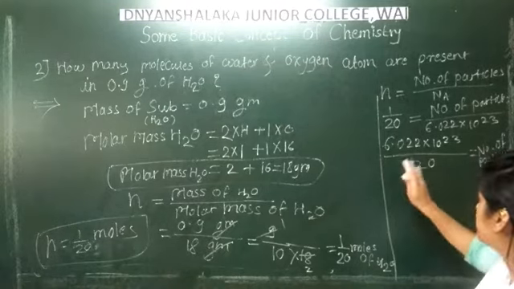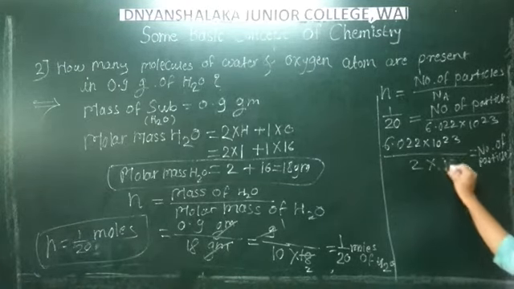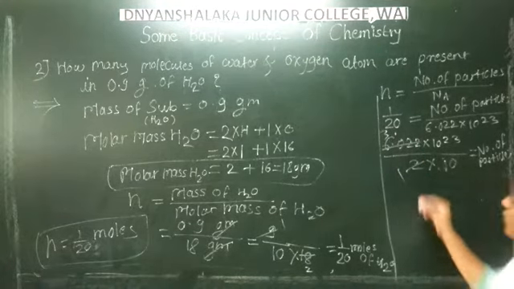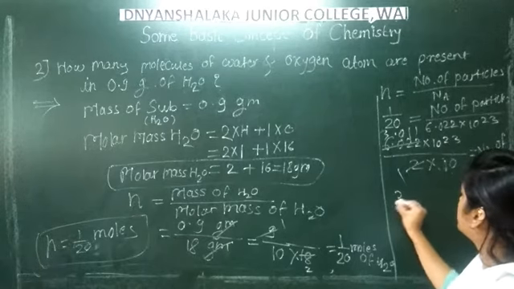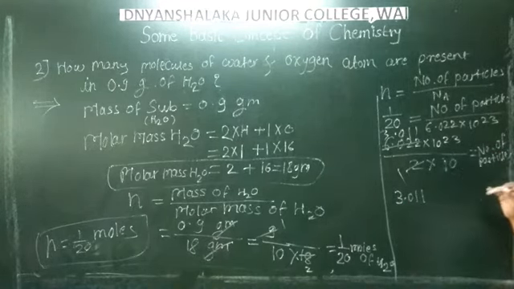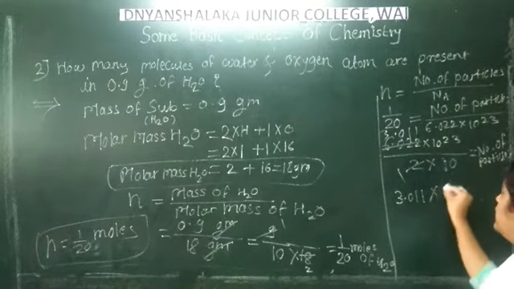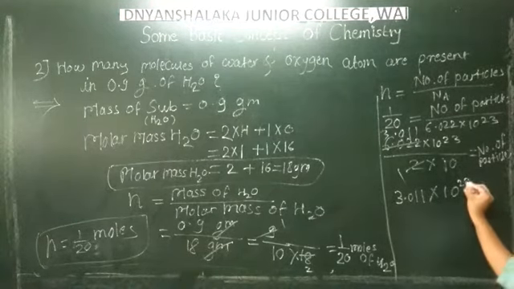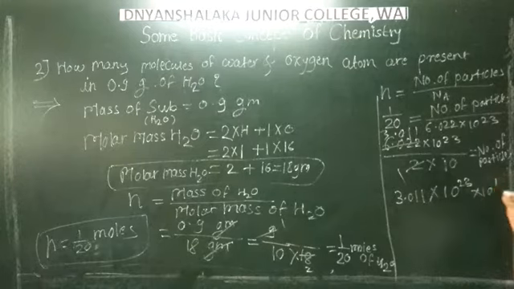So 20 can be written as 2 into 10. So 2 ones are 2, 2 threes are 6, decimal point, 2 zeros are 0, 2 ones are 2, 2 ones are 2. So we get the answer 3.011, and 10 raised to 1 in the denominator. In the numerator we have 10 raised to 23, into 10 raised to minus 1.